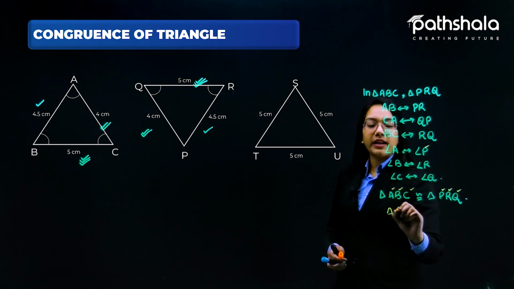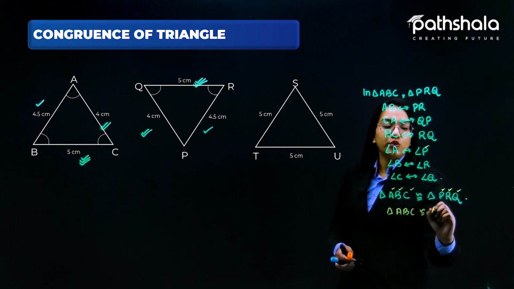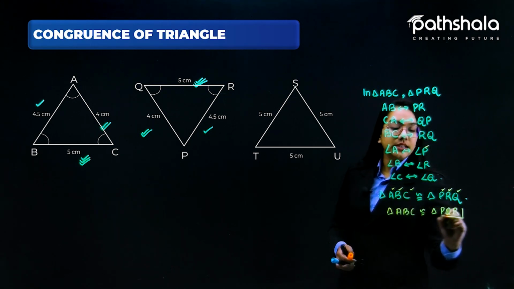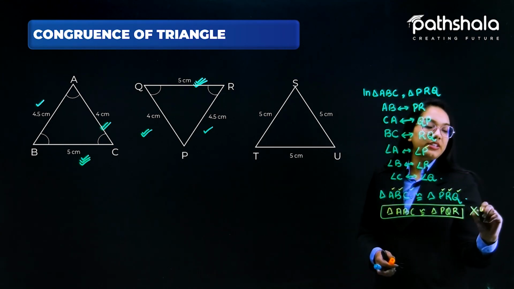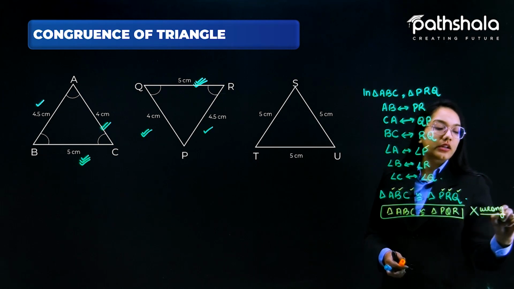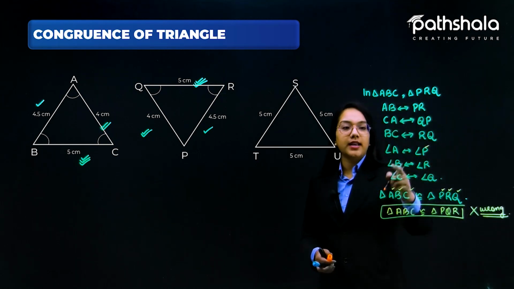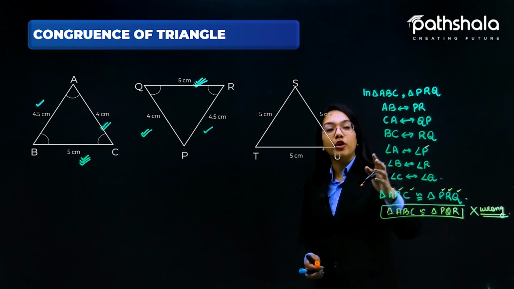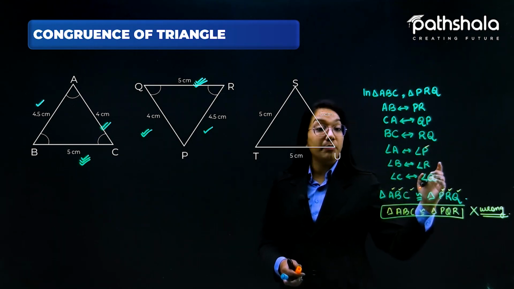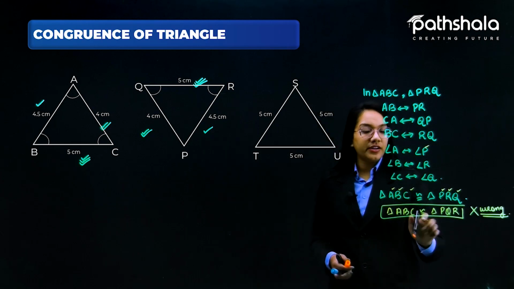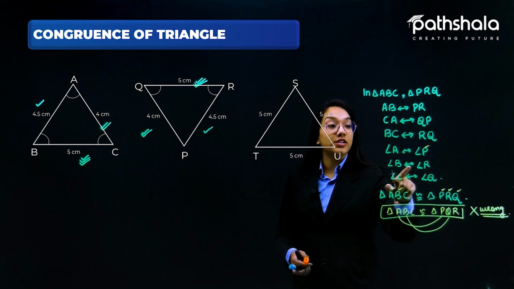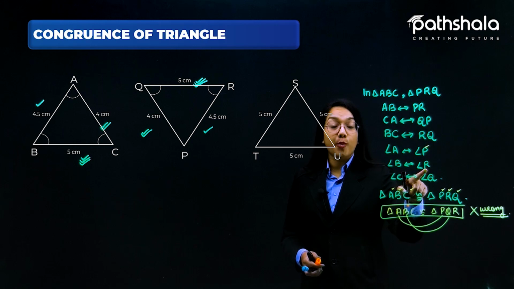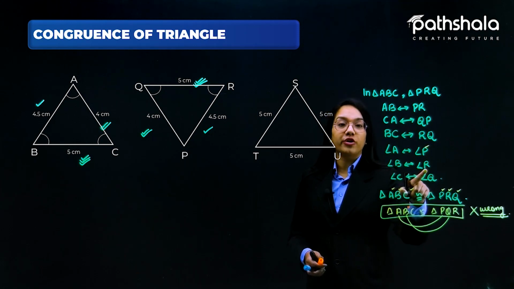Note that you cannot write triangle ABC is congruent to the triangle PQR. This is a wrong representation. Why so? Because the angles that we have, angle A, angle B, angle C, are actually corresponding to the angles P, R, Q rather than P, Q, R, because in this representation it says that angle A corresponds to angle P, angle B corresponds to angle Q, but here angle B does not correspond to angle Q, it corresponds to angle R. So it is really an important representation.